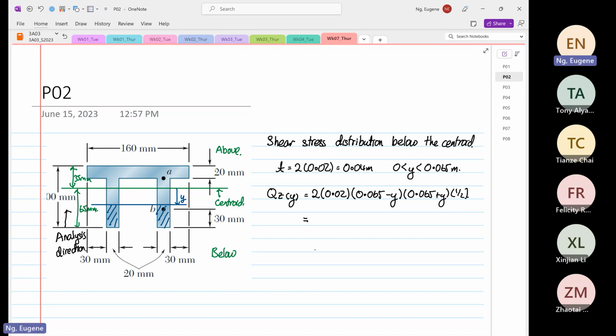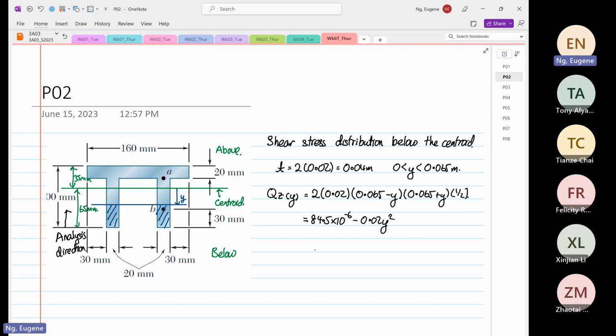So it's equal to 84.5 times 10 to the power of minus 6, and then minus 0.02 y squared. Now, does this number look familiar to you all?